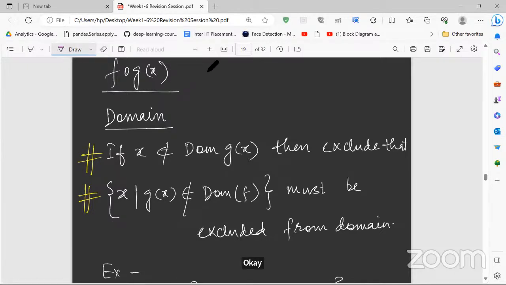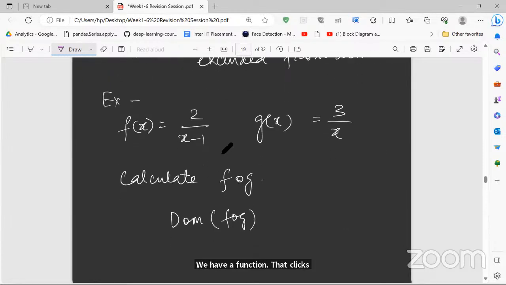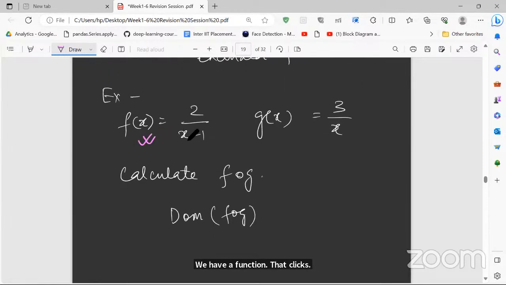If we have a function f(x), here is an example. So f(x) is given, g(x) is given. For g(x), what value should not be included in the domain? Only 0. So R minus 0 is the domain. Any value you can put, only 0 should not be there.